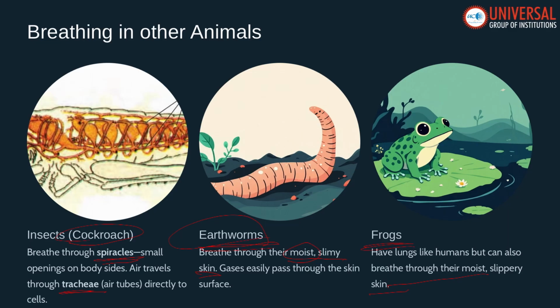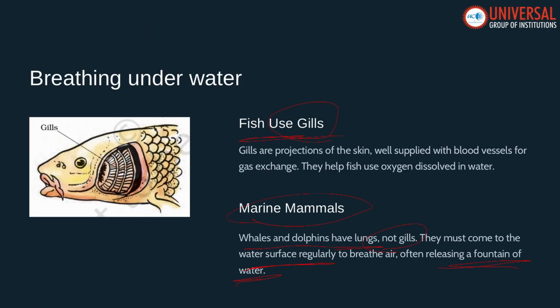The frog has cutaneous respiration, pulmonary respiration and buccopharyngeal respiration, all three, because it's a water and land animal which uses dual breathing, using both skin and lungs for respiration. And the fish uses gills, a branchial mode of respiration, which uses dissolved oxygen from the water. So this is all about respiration in animals.